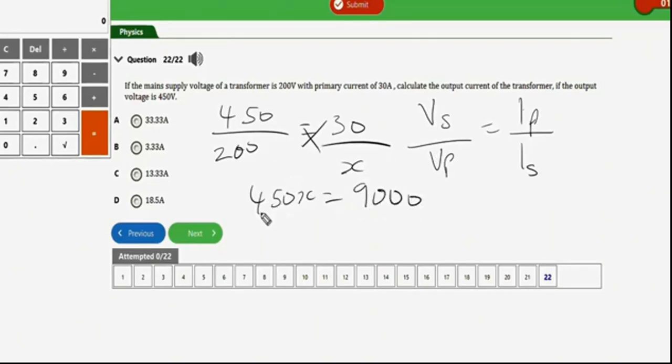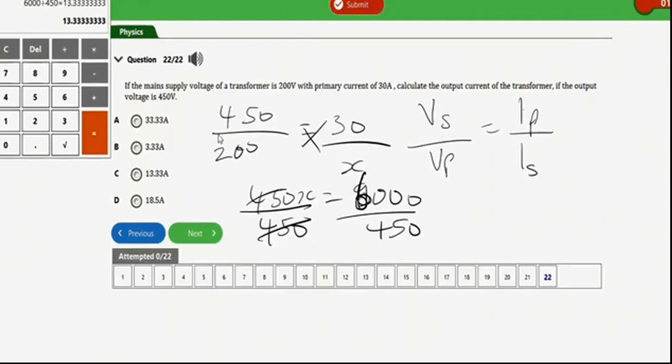Okay, sorry, this will give you 6,000, not 9,000. Alright, divide both sides by 150. So our x will be 6,000 divided by 150. So we have it to be what? 13.33. The right option is option C, ampere.